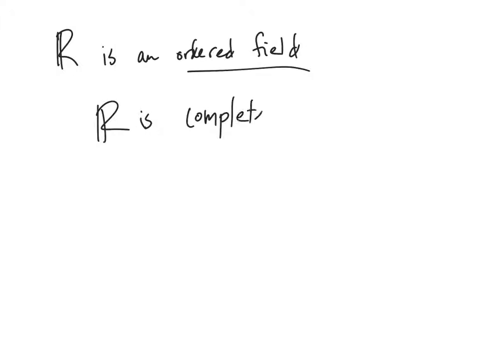This is our first big topic, called the completeness property of the real numbers. Intuitively speaking, what this means is that R has no gaps in it.